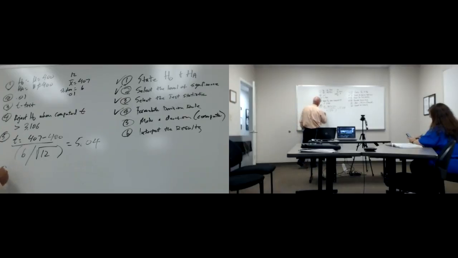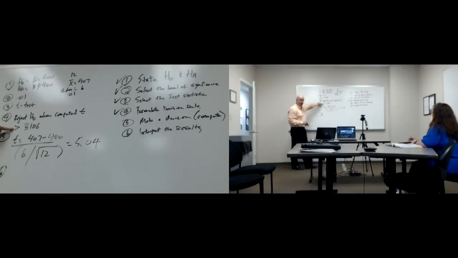So step 6 says interpret the results. How are we going to interpret? You're going to look at what your hypothesis was and at our decision rule. We reject the null hypothesis when the computed t is greater than 3.106.